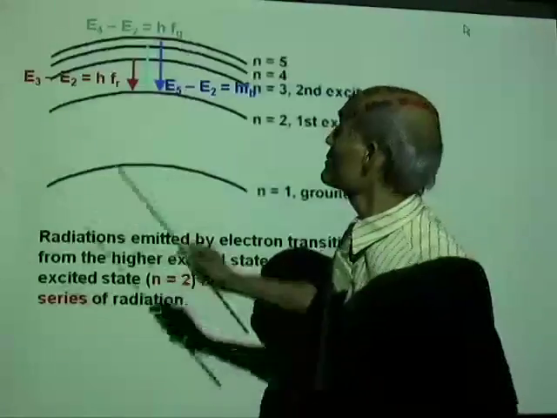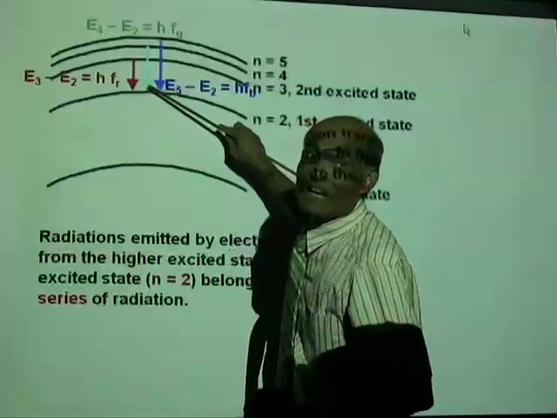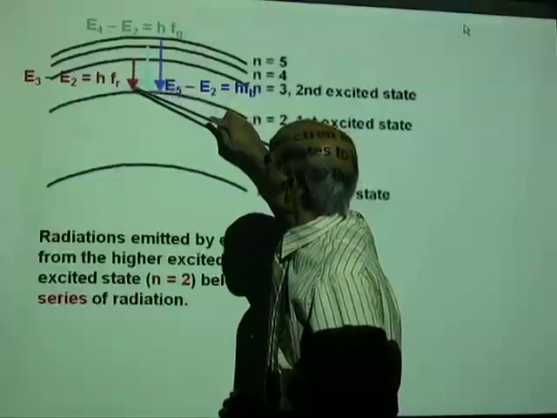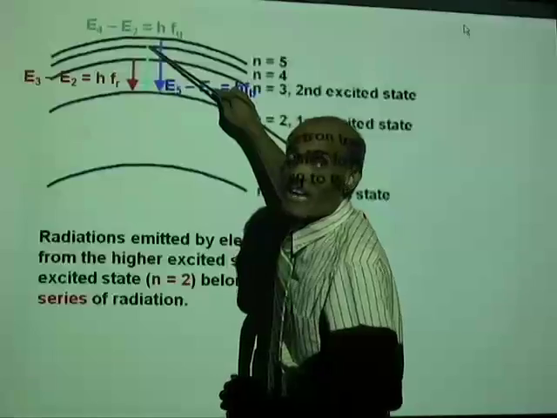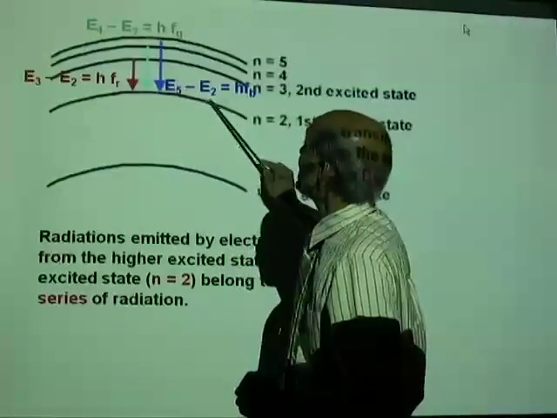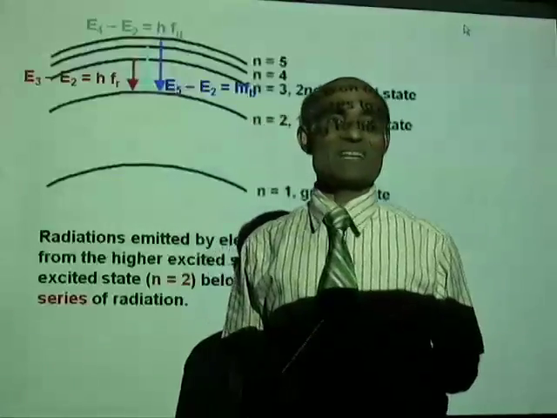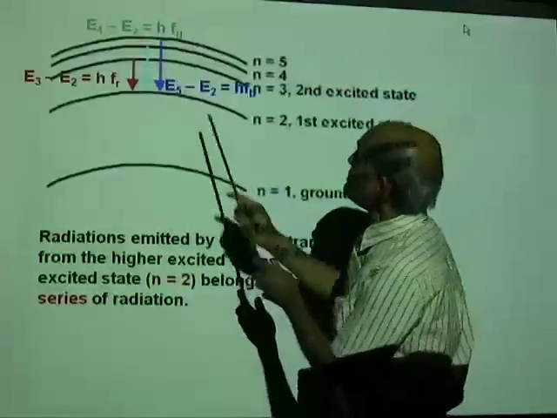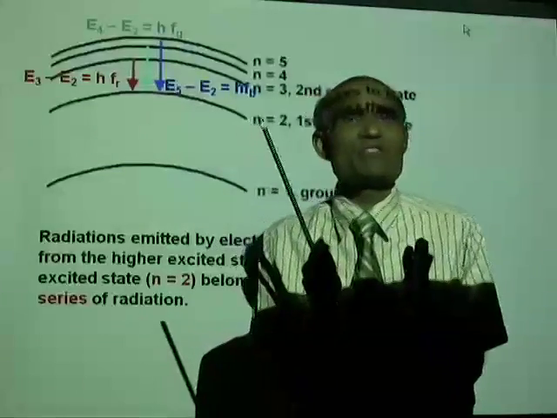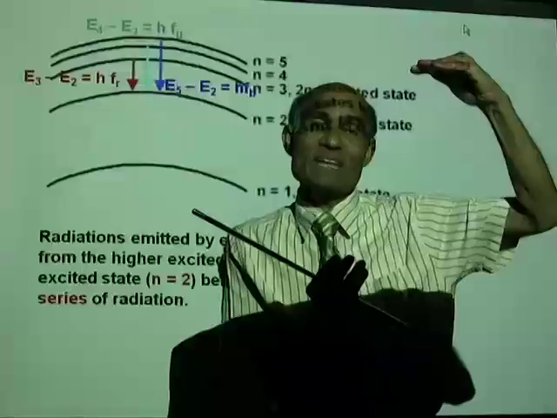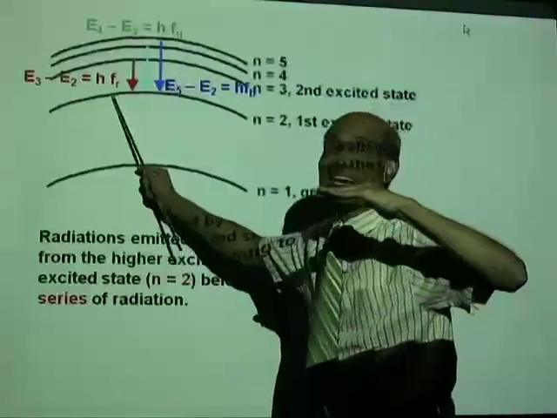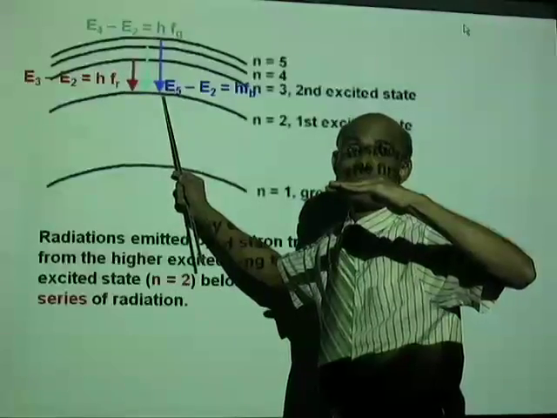Previously we considered electrons jumping from the third excited state to the second, the fourth excited state to the second. In other words, all these electrons were jumping into the second energy level, n equal to 2.